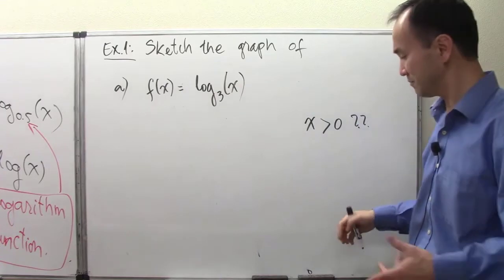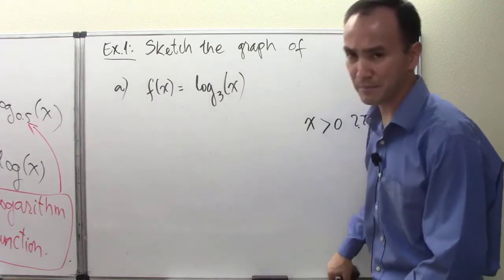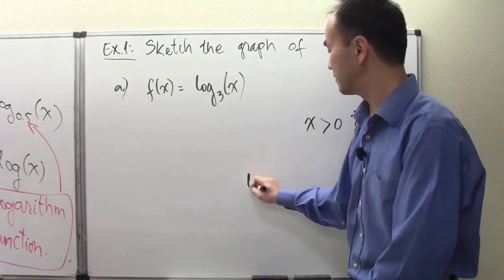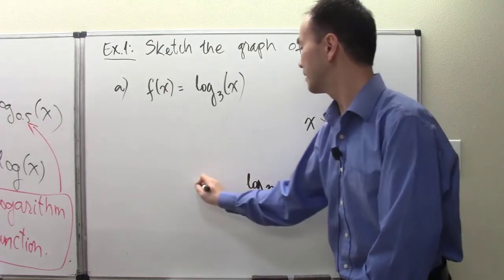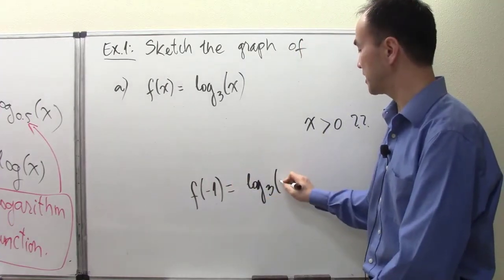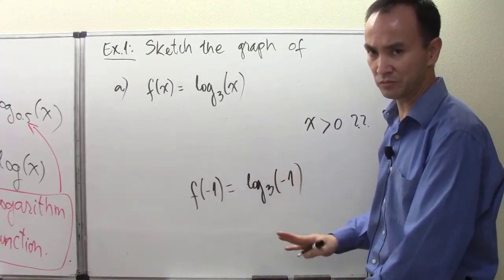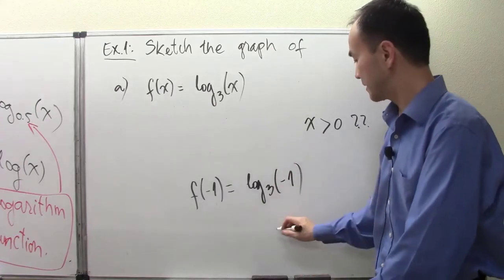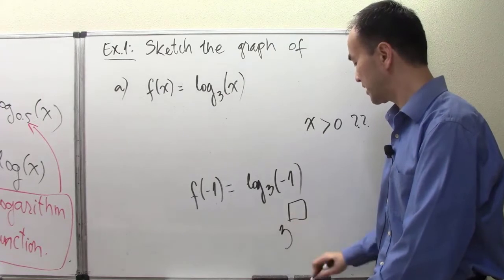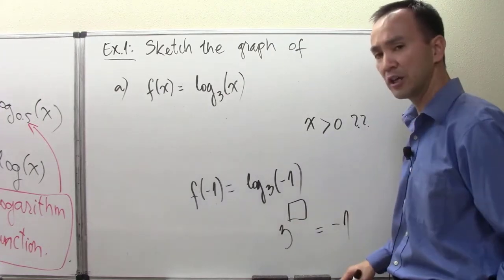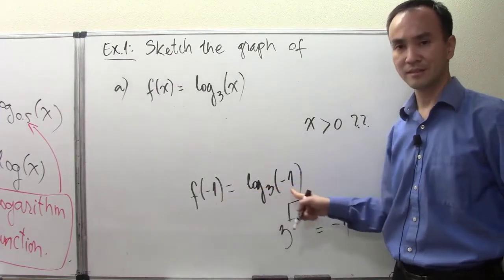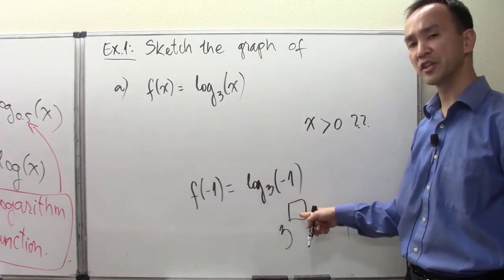Well, to answer that mystery, let's brutally give it a negative. f of negative 1 equals log base 3 of negative 1. We're trying out experiments for ourselves like that. That's equivalent to the question: what power of base 3 makes it equal negative 1? Can we really find such a power?